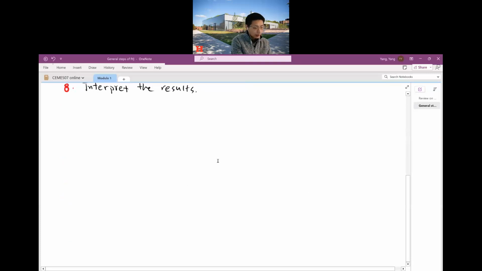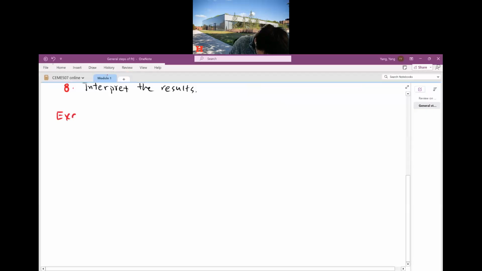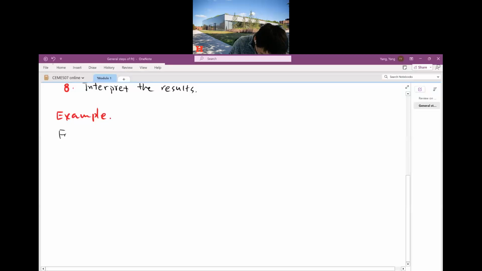So now I'm going to give you a quick example to see how we can solve a typical problem using the finite element method. This example is very straightforward.